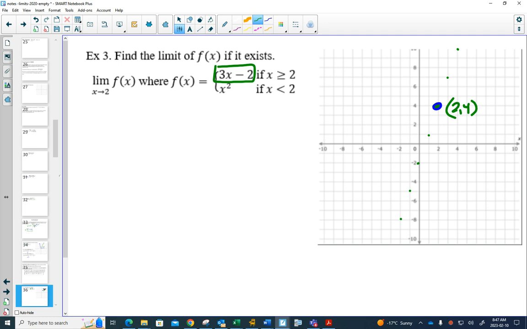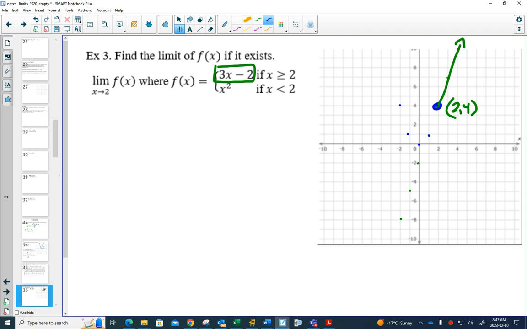But which part am I going to graph of the green one? I'm just graphing this section when it's bigger than 2. With the blue graph, I've got an x squared graph. That would have these points.